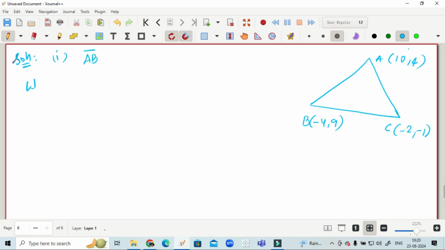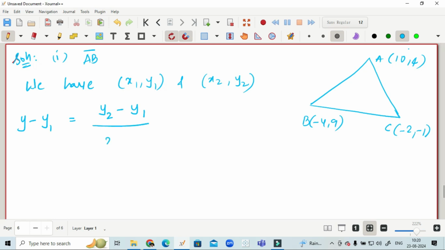So we know that if 2 points are given, (x1, y1) and (x2, y2), then the equation of the straight line is y minus y1 equals (y2 minus y1) by (x2 minus x1) into (x minus x1).